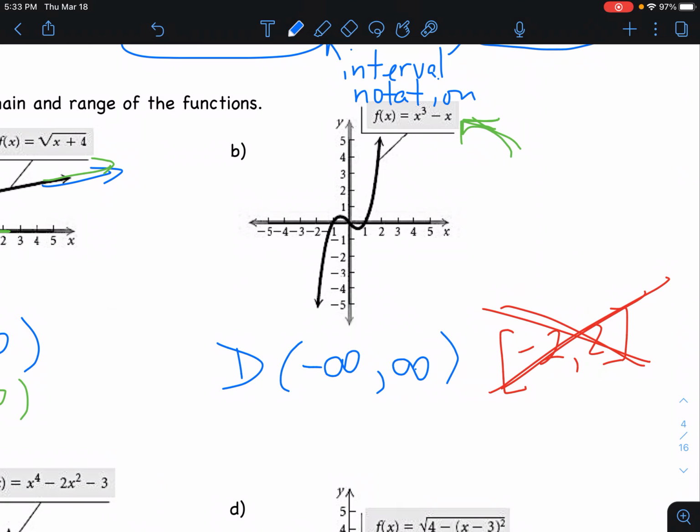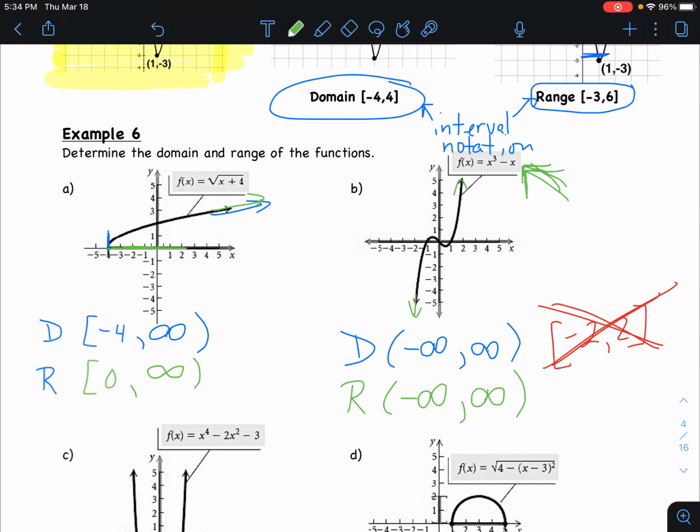And then the range is all the way down to all the way up forever. So that's also -infinity to infinity. Just as I said, when you have infinities here, that actually means all real numbers. Just like we said when we were looking back here at the function.